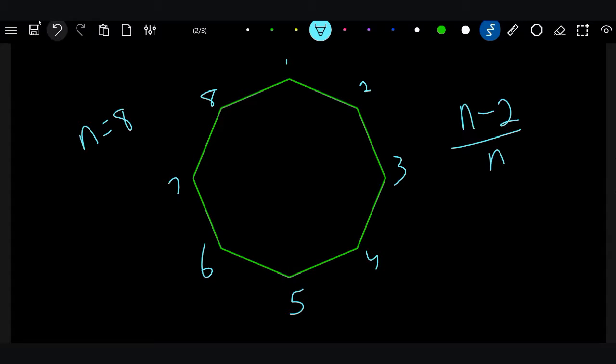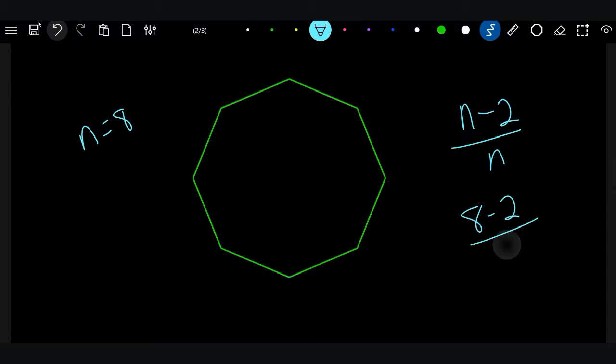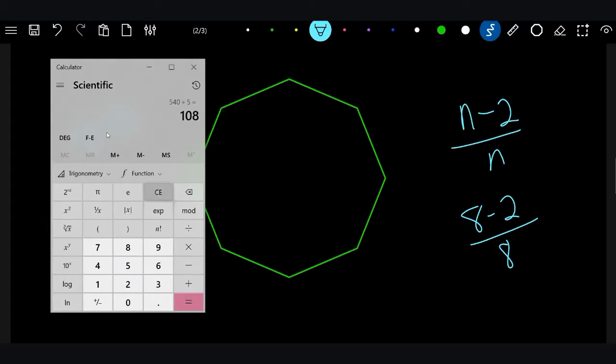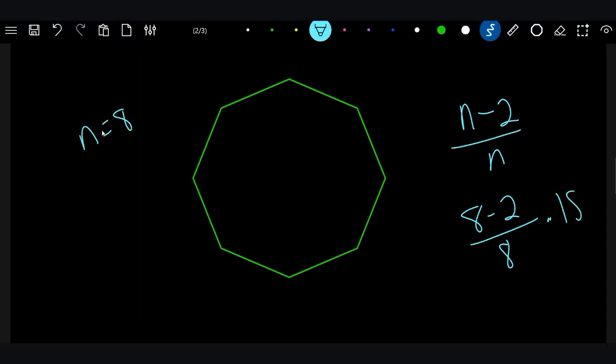It's like a stop sign. So we're going to go ahead and plug in with 8 this time. So we would have 8 minus 2 divided by 8, and then it's always times 180.